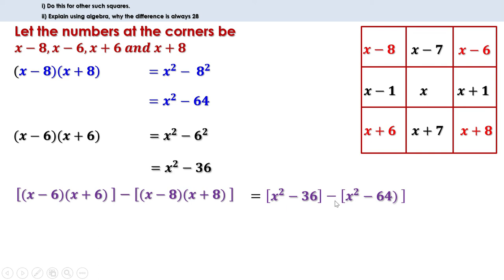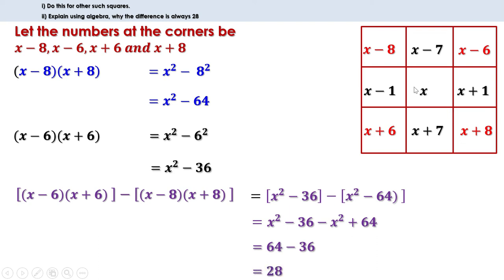Since there is a minus sign, this becomes minus x square and this becomes plus 64. So we can write this as x square minus 36 minus x square plus 64. x square minus x square is 0. Then we get minus 36 plus 64. Or let me write the positive number at first: 64 minus 36, and subtracting we get 28.